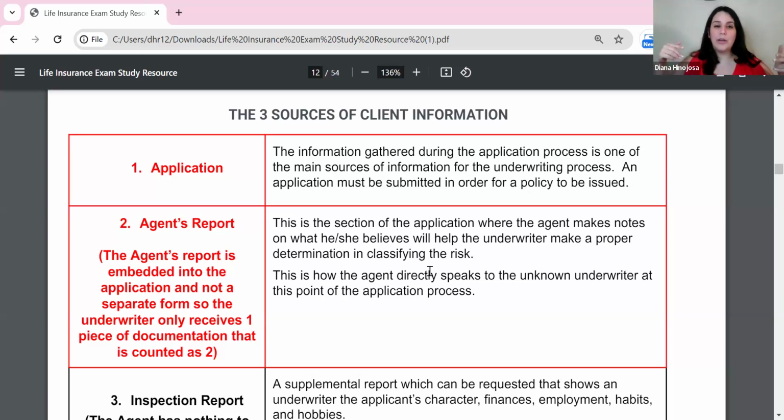My application, my agent report. And it is embedded together. It is not a separate form, but they're going to look at our notes and what we sent them in, and they're still taking that into consideration. They're still looking at that based on what we said, because remember, the expectation is we are in the customer's home with them, and we're looking at everything and we're talking to them and stuff like that.